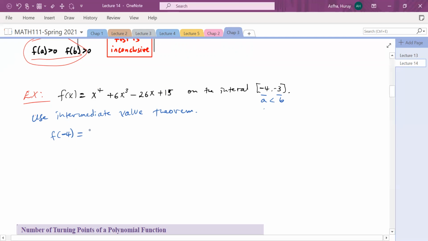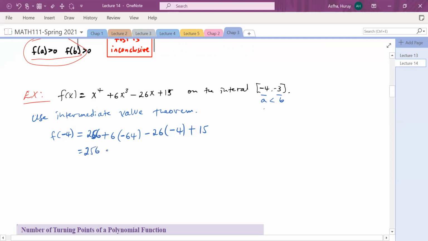Yeah, so this is 256 plus 6 times, since it's negative, this is -64. Minus 26 times -4 plus 15. Oops, this is 256.